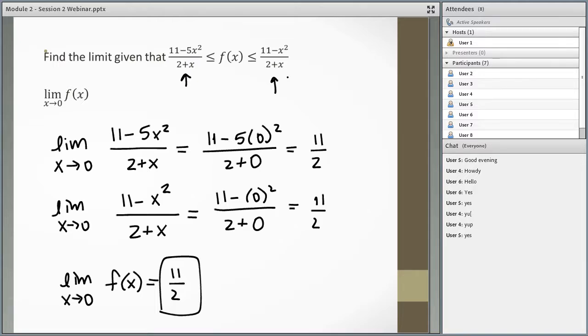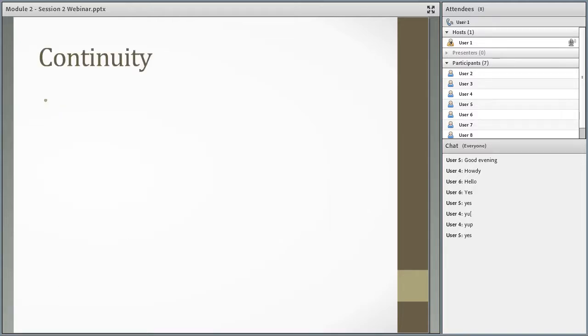Okay, so let's talk about continuity. We've talked about continuity a little bit in the last webinar. Basically, a continuous function is a function that does not have any breaks in the graph or any holes in the graph. So we looked at a few examples last time that had things like this.